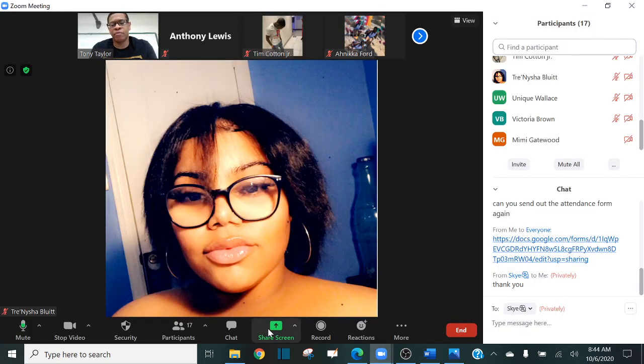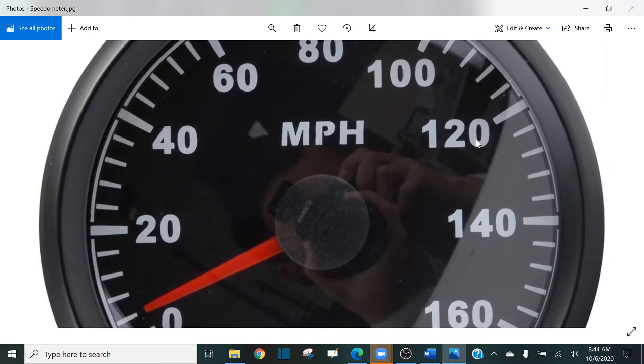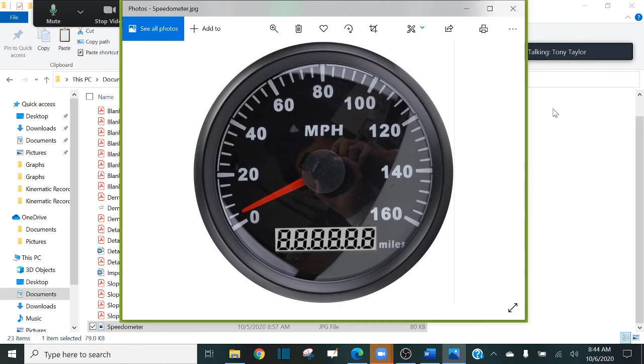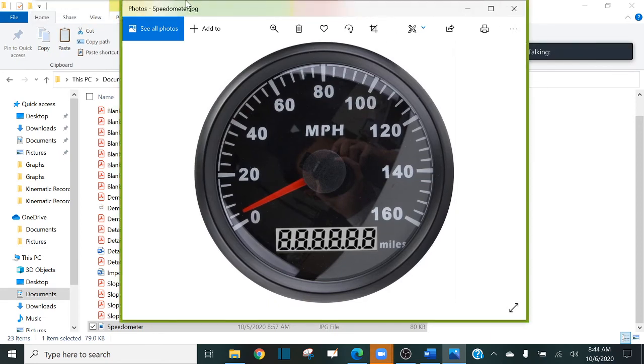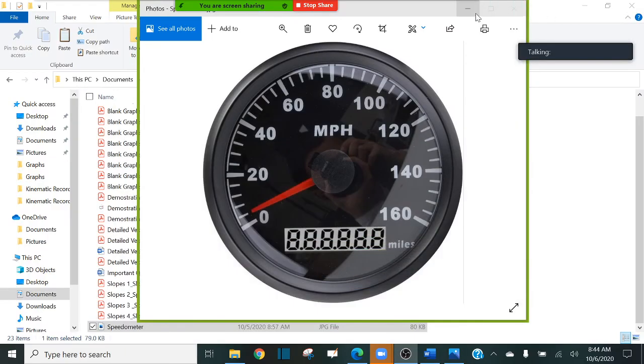Here's a really good way to remember that. Guys, in order to remember that basic rule, just think of a speedometer. Imagine you get in your car and you're driving.